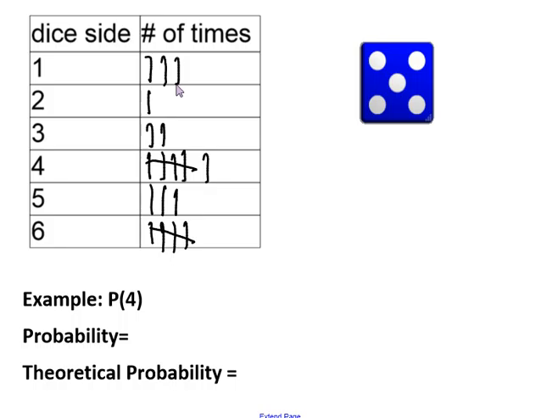Okay, so let's total up how many times I got those sides of the dice. I got a 1 rolling it 3 times. I only rolled a 2 1 time. I rolled a 3 twice. I rolled a 4 5 times. I rolled a 5 only 3 times, and I rolled a 6 5 times. So the probability of me rolling a 4 would be 5 times out of 20.